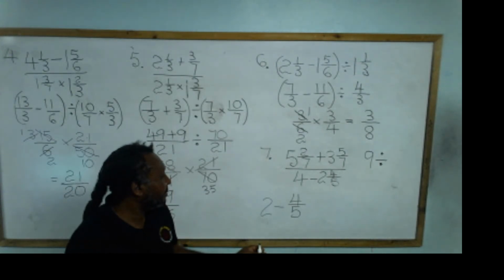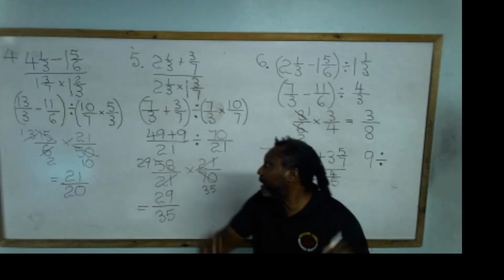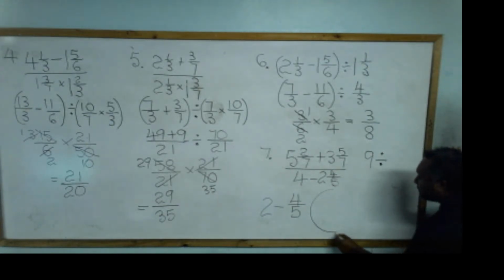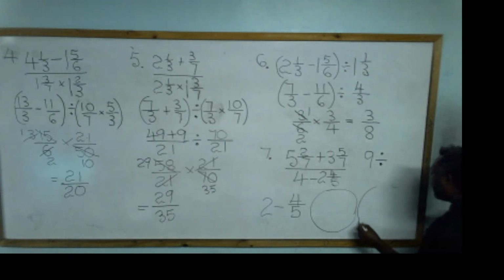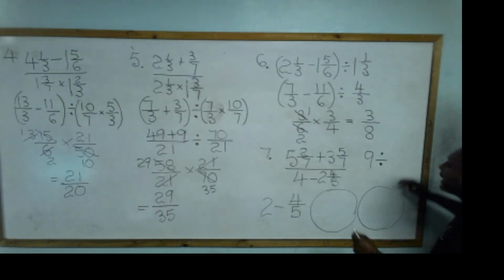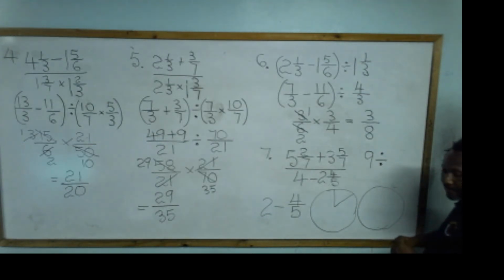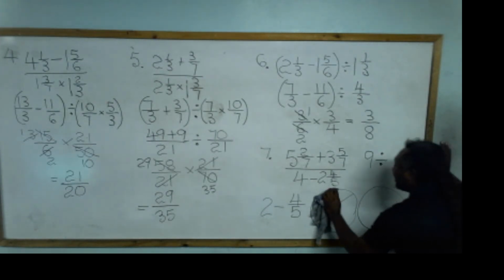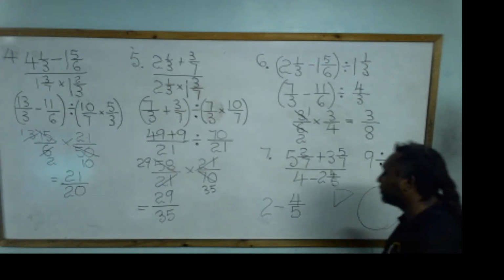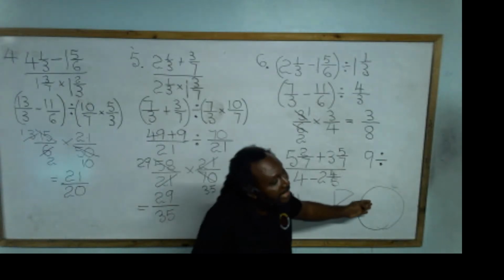Of course, students. If you have 2 cakes, I'm going to put the 2 cakes here. There are your 2 cakes. If you take out 4/5 of one, you're going to have an entire cake left.